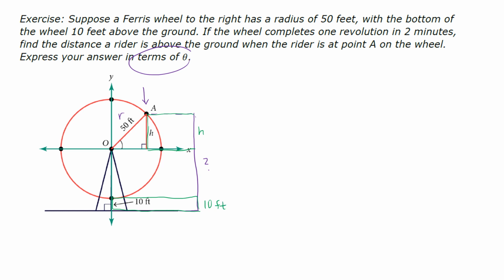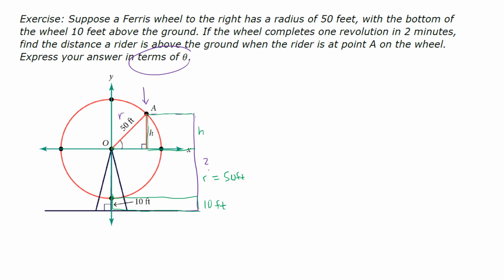And then this middle section right here is going to be the distance from the origin to the end of the circle. What's the distance from the origin to the end of the circle? That would be r, and we know r is already 50 feet. So now I know that the total distance from point A to the ground is going to be the total of h.